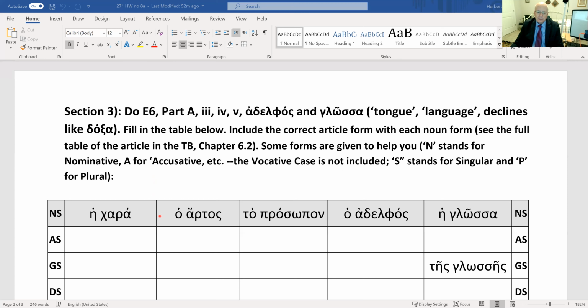It will keep alpha through all its declensions: nominative, accusative, genitive, dative. If it's not an Old MacDonald first declension feminine noun, it will be like doxa, or glossa, tongue, or thalassa. We'll introduce you to those. They aren't actually listed in vocabulary 6, but we'll add them anyway, just so we have a few more that are not alpha pure.